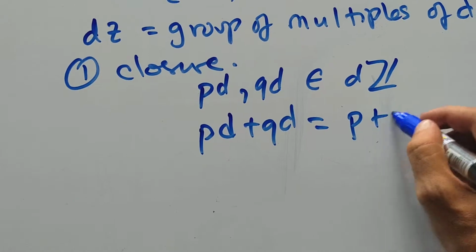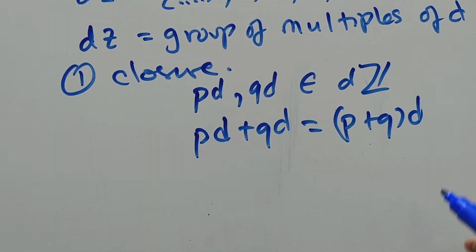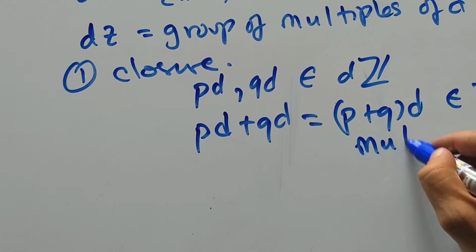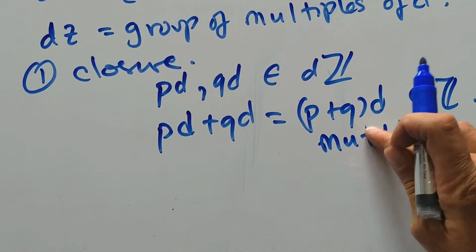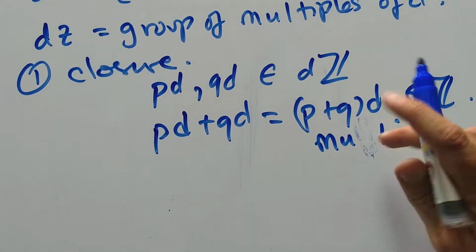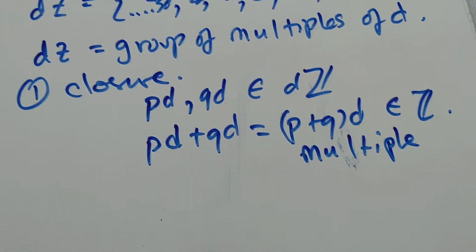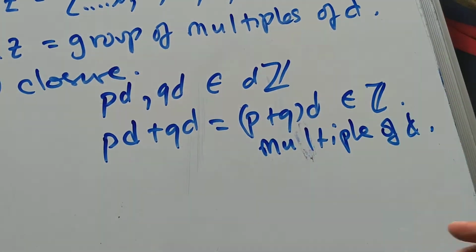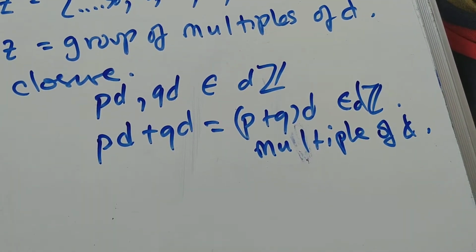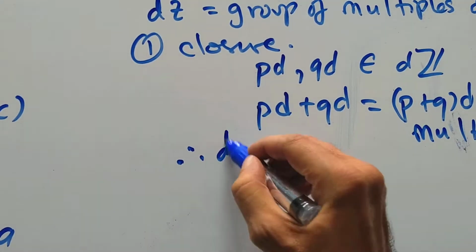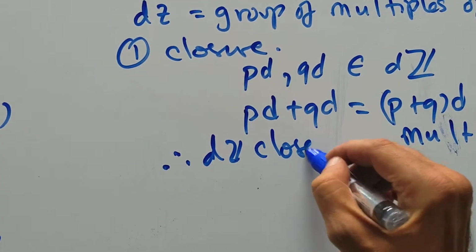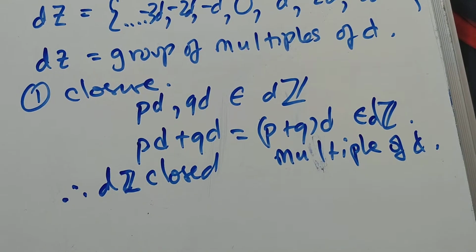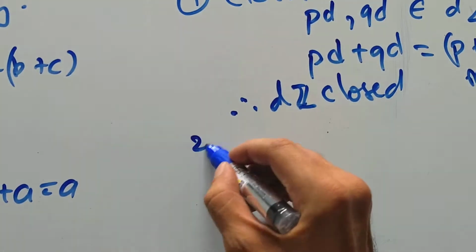This is the same as P plus Q times D. And so therefore, this is an element of DZ because this is a multiple of D, you see. So DZ is closed with respect to this combination, plus.